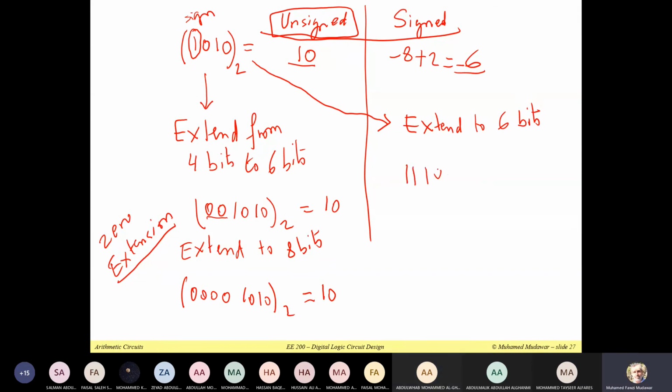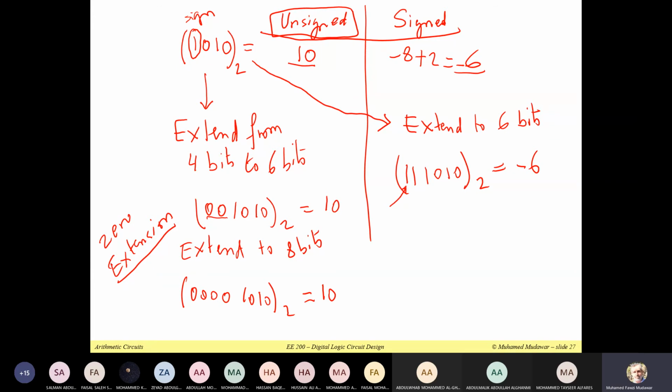And then we write here 1, 0, 1, 0. What is the decimal value of this number? -6. It is still -6, it has not changed. So this is called what? Sign extension. Now look at the decimal value.